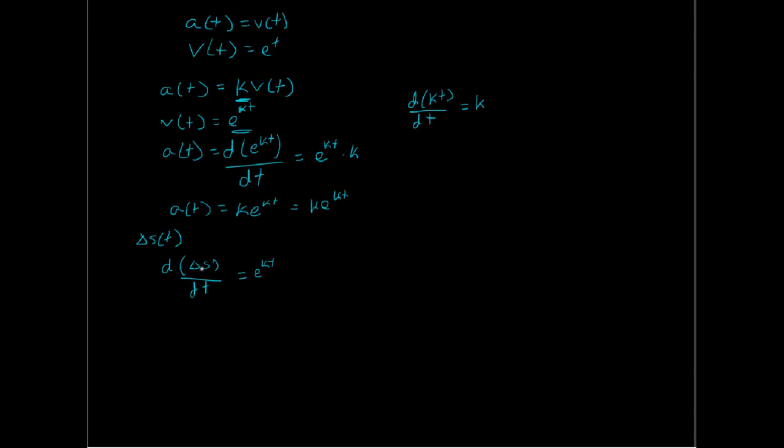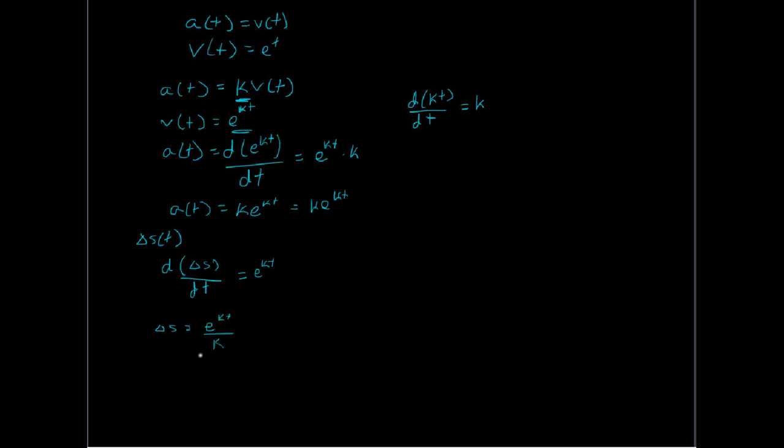So the derivative of what is equal to e to the kt? We're going to figure this out the same way we did here, where we take a guess and then check it. The derivative of what equals e to the kt can best be solved by thinking about the chain rule, which is what we did here. So I'm going to guess that our displacement is equal to e to the kt divided by k.